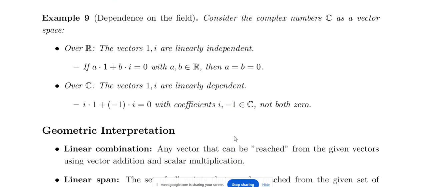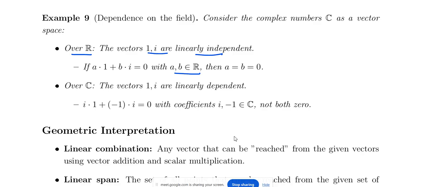Consider the complex numbers C as a vector space over the field R. The vectors 1 and i are linearly independent, since a into 1 plus b into i equals 0 with a, b in R forces a and b to be 0. So 1 and i are linearly independent.